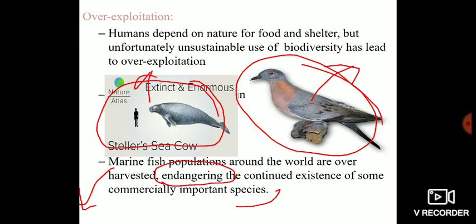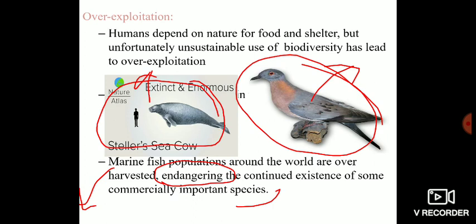The second one is overexploitation. Humans directly or indirectly depend on nature for food and shelter, but unfortunately, they have used this biodiversity in an unsustainable way, and this unsustainable use has led to overexploitation and hence extinction.